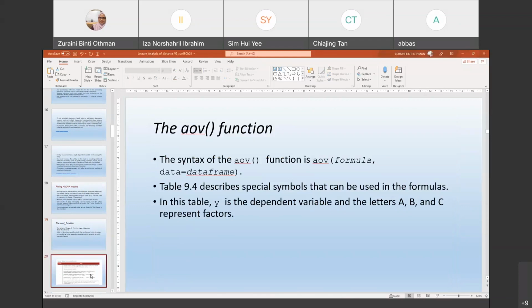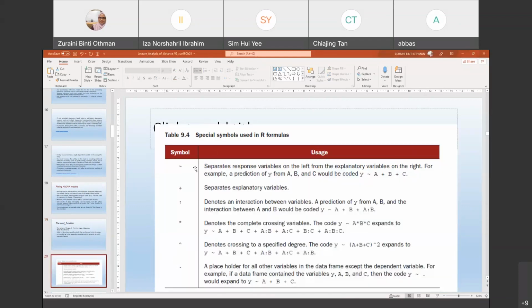Then this is the table for the formula. How can we write a formula? These are the symbols. This symbol separates the response and the explanatory variables. For example, prediction of Y. Maybe we want to predict flood: for example, we want to know the rainfall amount, the temperature maybe, and the level of the place.